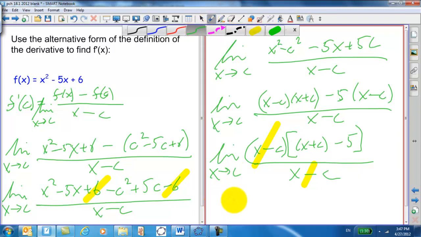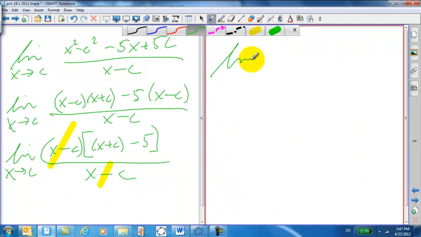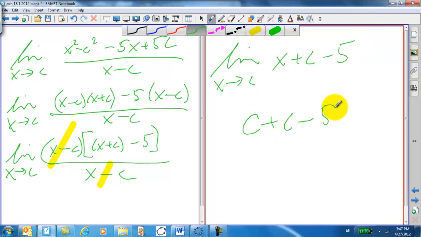Now when you look at the limit as x goes to c of x plus c minus 5, you get c plus c minus 5, or 2c minus 5. So f prime of c is 2c minus 5. Now some people are bothered by the fact that you end up with an answer in c. Well, you can just easily change that around.